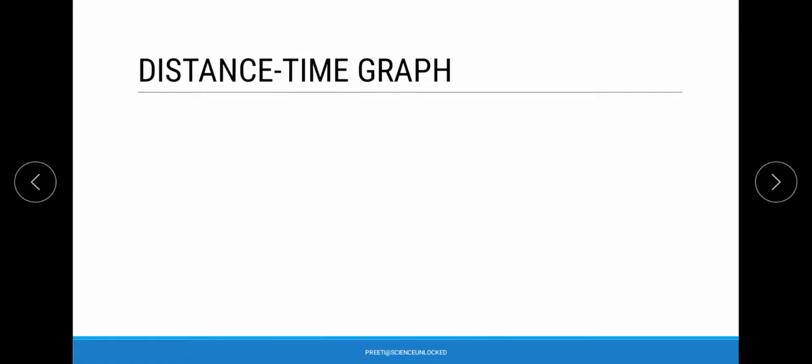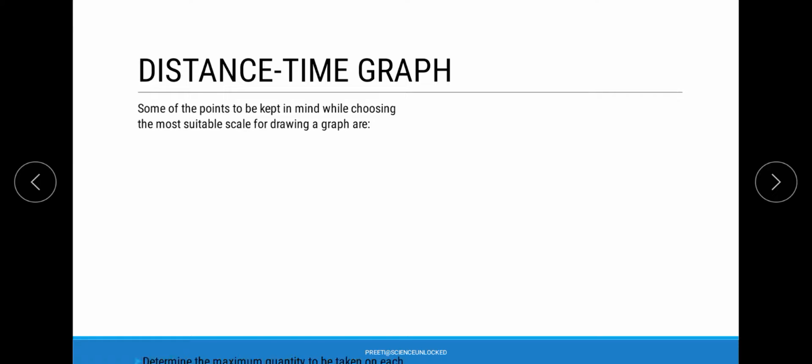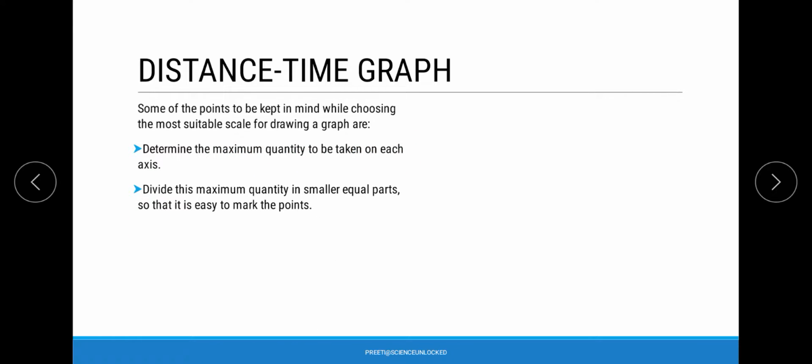Now the next aspect related to distance time graphs is that there are certain precautions and rules we need to keep in mind while plotting and understanding them. We need to decide the maximum quantity we will take on each axis. All the quantities should be divided into equal parts, so that the understanding stays consistent.